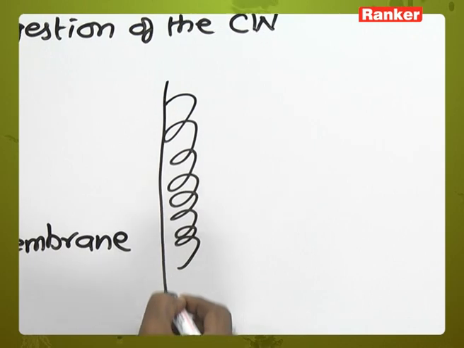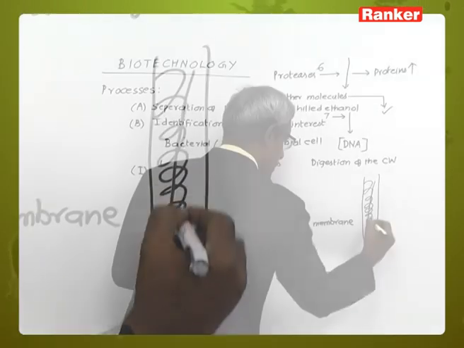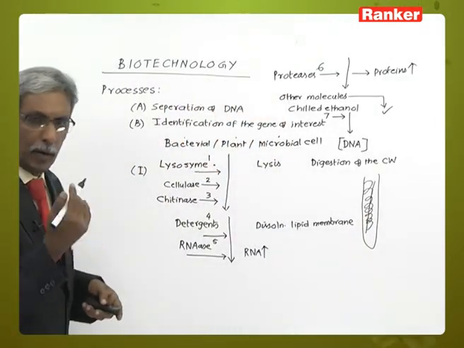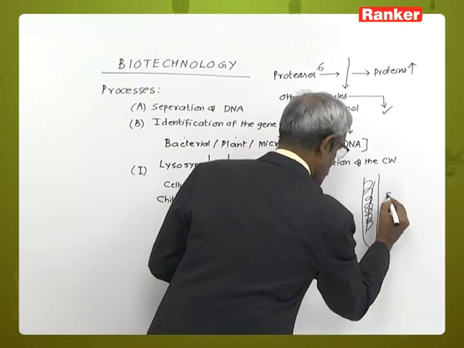Your DNA comes in a test tube and forms a spool like structure.